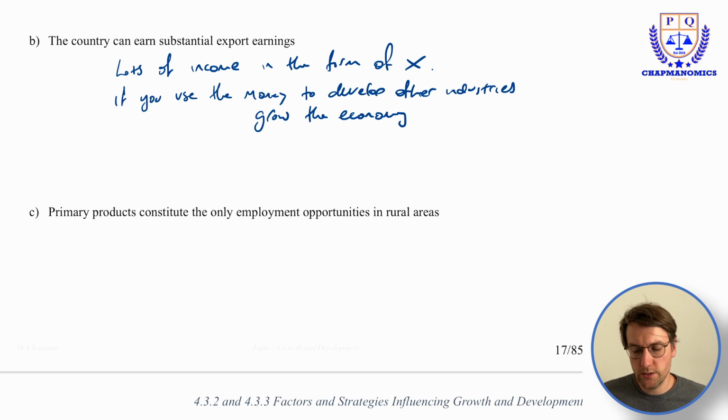And as a result, what you're going to find is that the economy starts to develop itself, and then you get these new industries that develop, and then you get subsequent industries to support those industries, and so on and so forth.